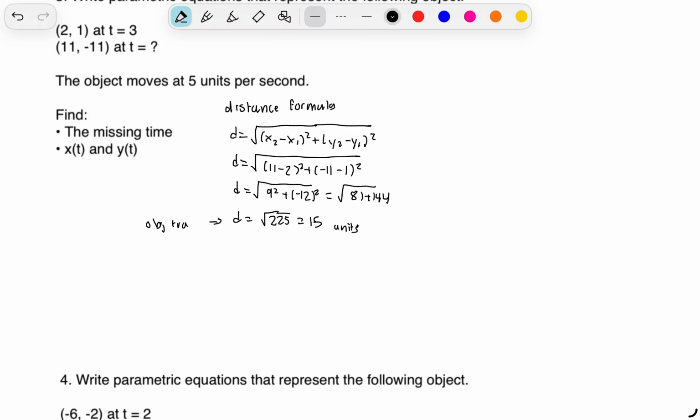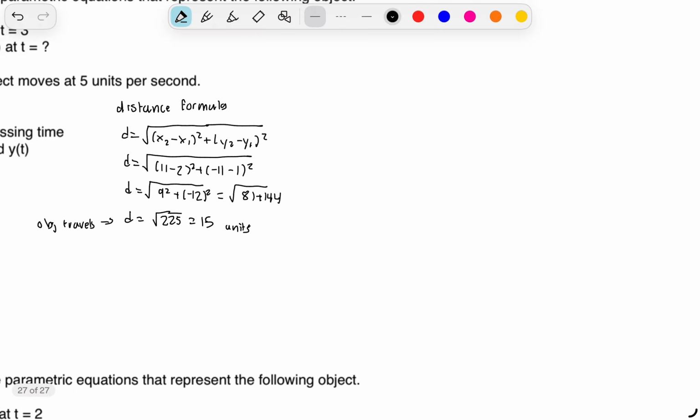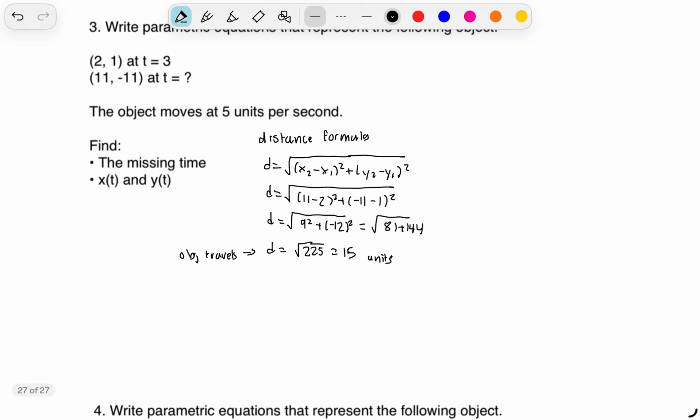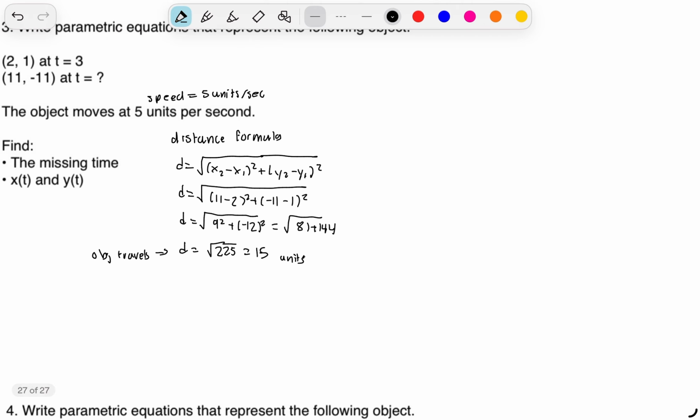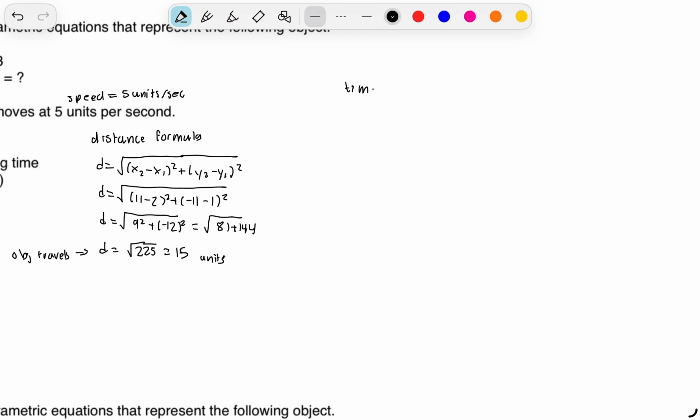So now we're going to use speed to find time. We are given that the object moves at 5 units per second, so that is your speed, and that's equal to 5 units per second. And we have the relationship that time is equal to distance divided by speed.